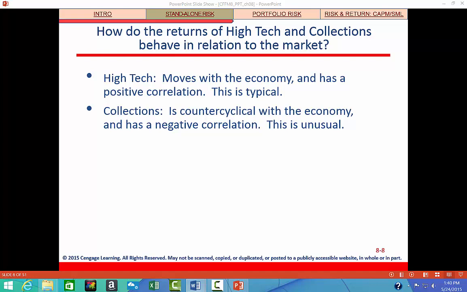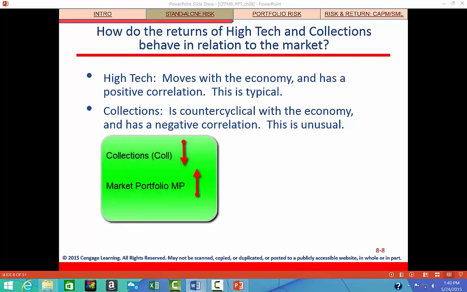So if the stock market crashes, investors in this stock would do really well. So stocks such as Collections are negatively correlated, and that means they move counter to the economy. And if you noticed on that previous slide, when the economy did well, Collections did poorly. But if the economy did badly, then Collections did well.